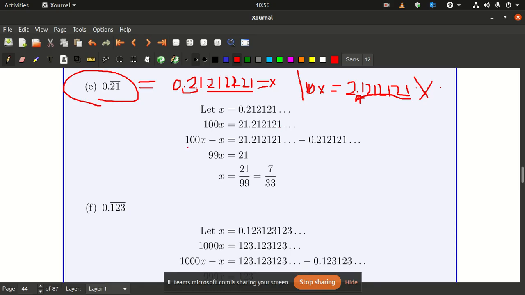Hence, we subtract from 100x one of these x's. After we subtract, because these numbers are the same, the part after the decimal point will be gone and we'll be left with 21. And then 100 minus 1, that's 99. So we have 99x equal to 21.